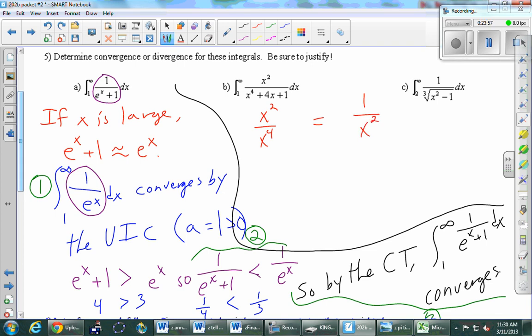And 1 over x squared inside of an integral is something I know a little bit about. So I'm going to throw integral signs in front of each of these. And that last integral is in the list.